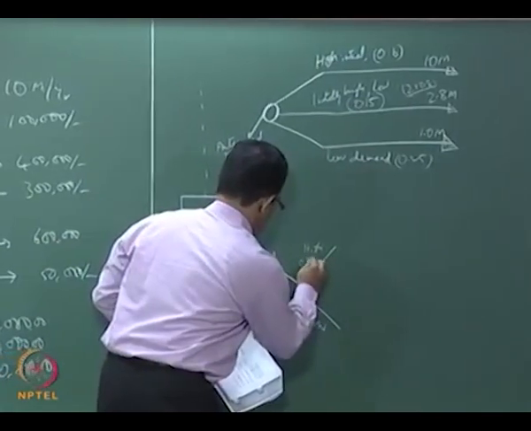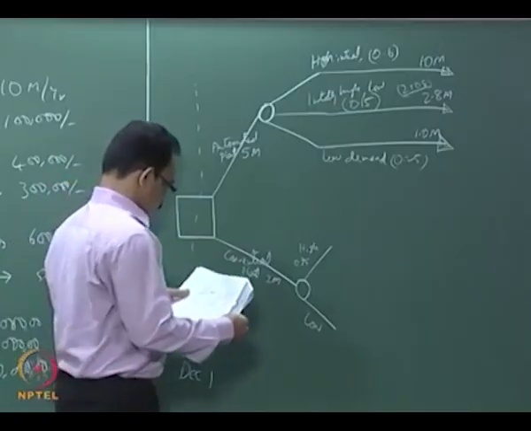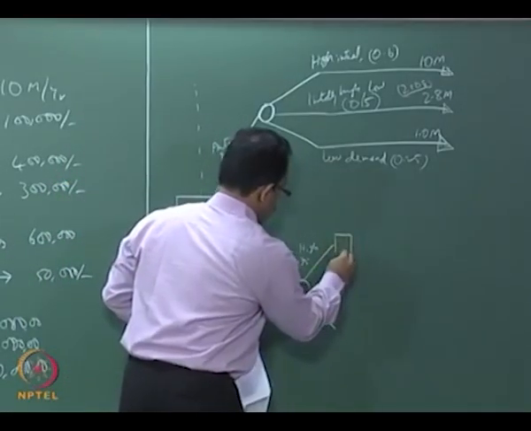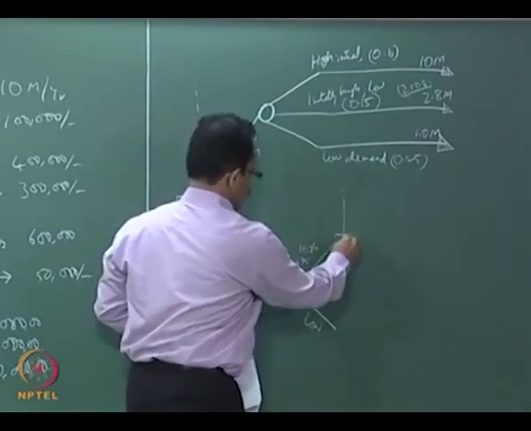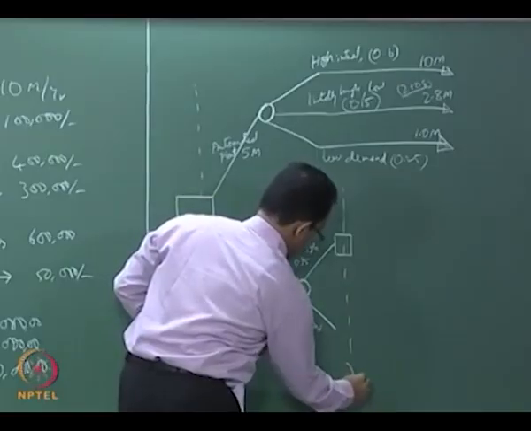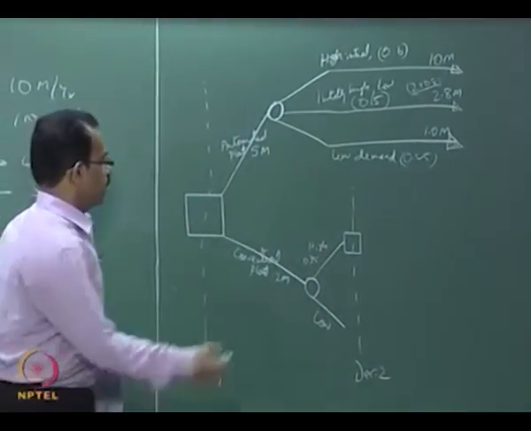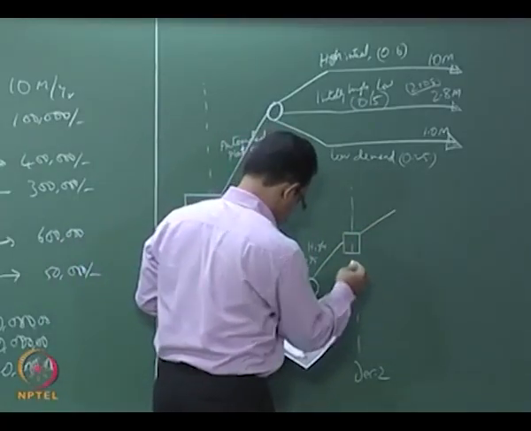So when you have a high initial demand in the first 2 years, we will actually go for this possibility, 0.75 high initial demand, and then in that case we will take a decision whether to go for an automated plant or upgrade it or not. So this is again a decision node, this is decision 2. So you have another decision to be made here, and again you will be having all the 3 possibilities.